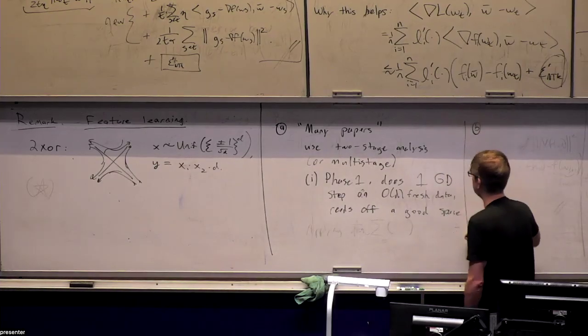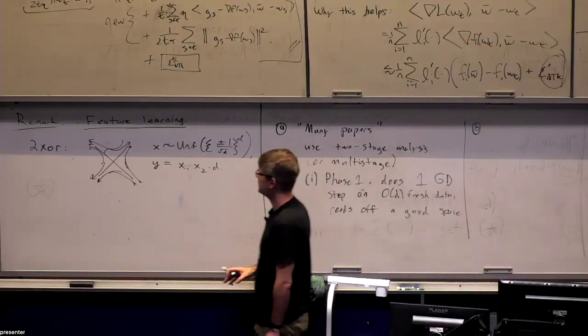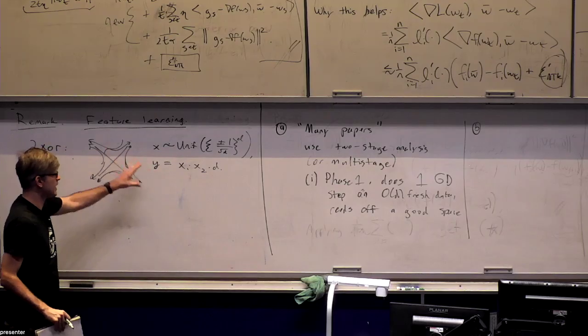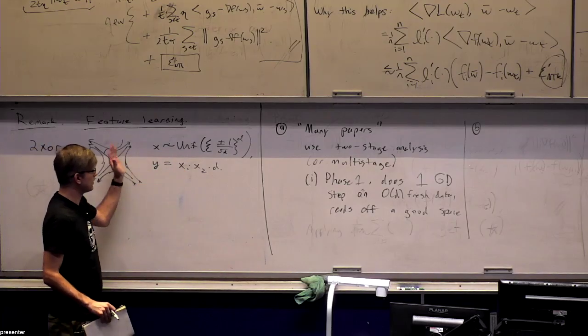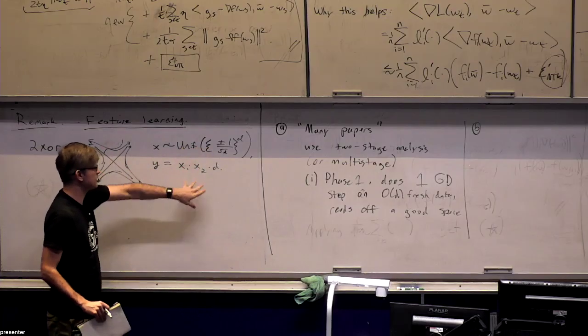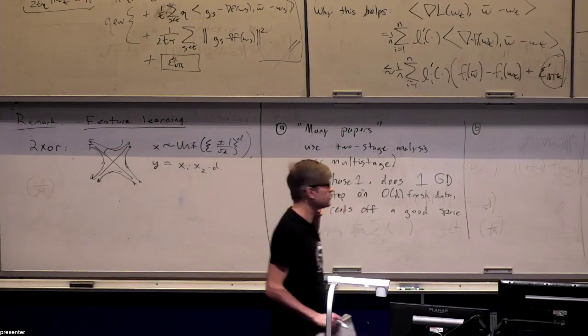So this is a key ingredient in a lot of the proofs. They have one stage where if you look at the gradient at initialization, you have random weights and then you have this randomness. There's a lot of cancellation and this subspace just kicks out even with just d log d samples. It's very clear.